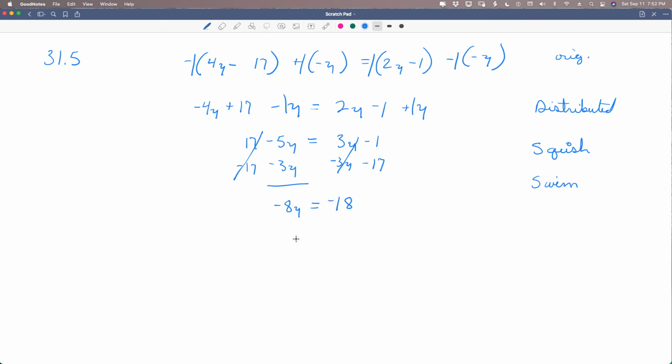When we divide both sides by negative 8, we get y is equal to 18 over 8, which is going to be 2 and 2/8, which is going to be 2 1/4.